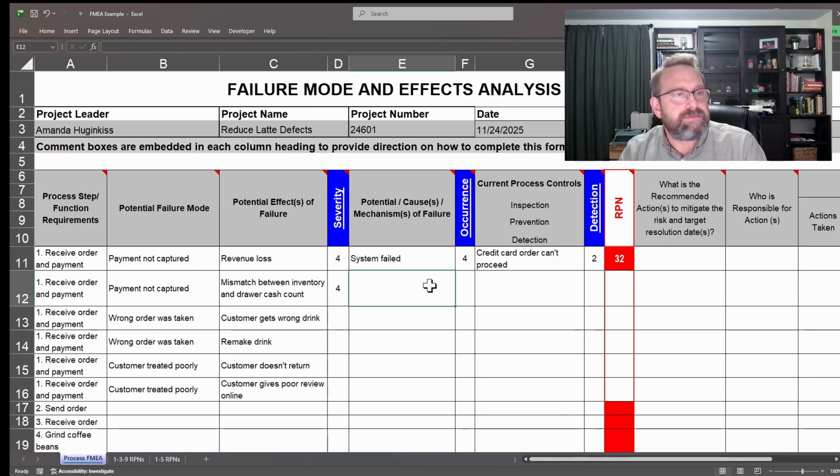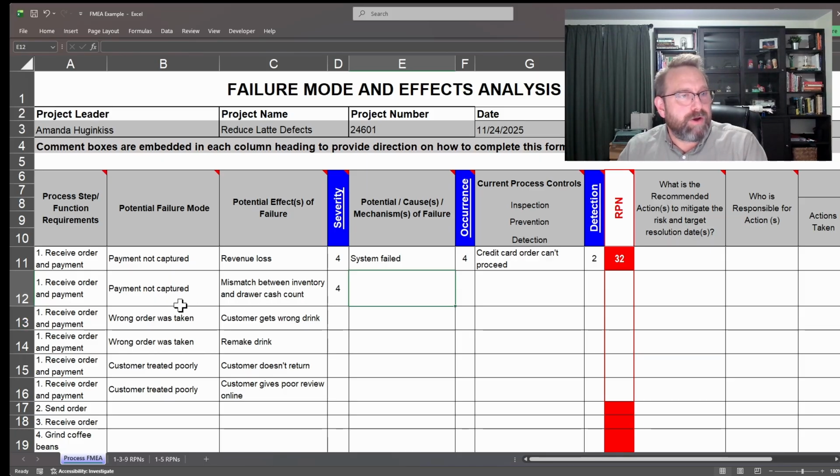If there was a mismatch, so now here's the thing, right? If there's a mismatch, the failure mode is the payment's not captured. So we may want to get to a theft situation. Maybe the cashier's taking some money home. That would not fall under the failure mode of payment not captured. We would need probably another failure mode under here.